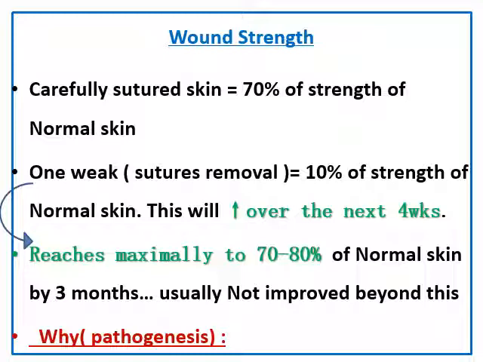So wound strength, at best, will be only 70% of the normal skin, beginning from 1 week to reach a maximum of 70% by 3 months, usually not improved beyond this. Why? Why?